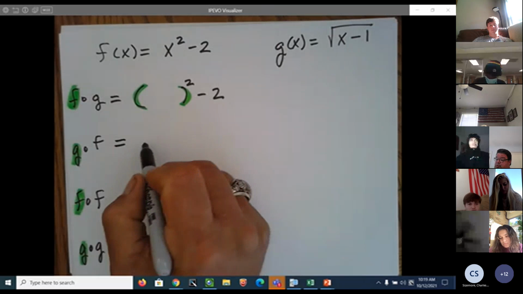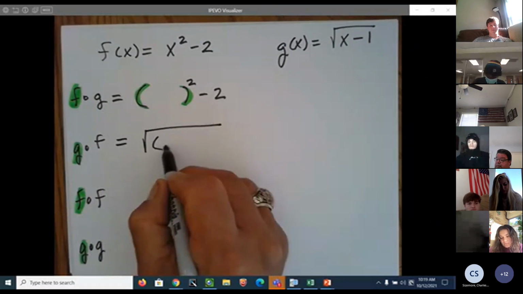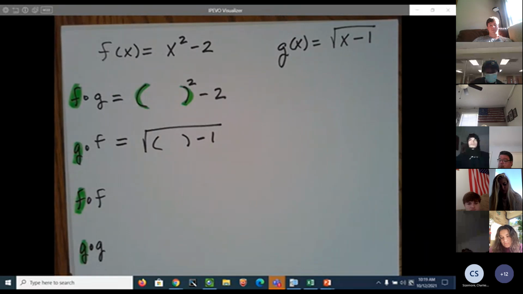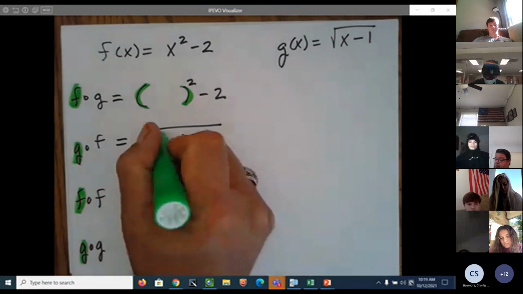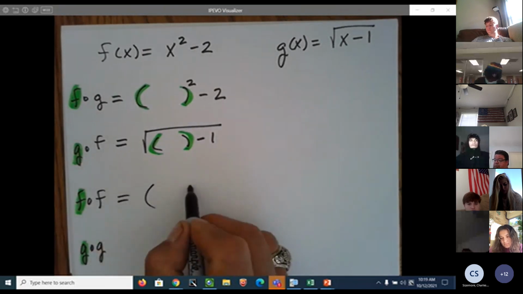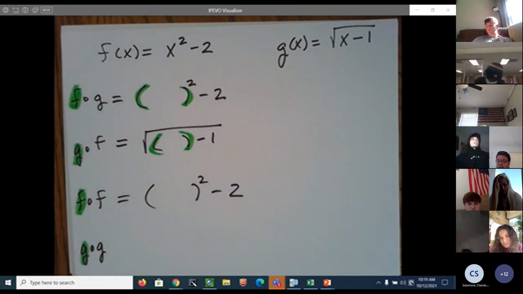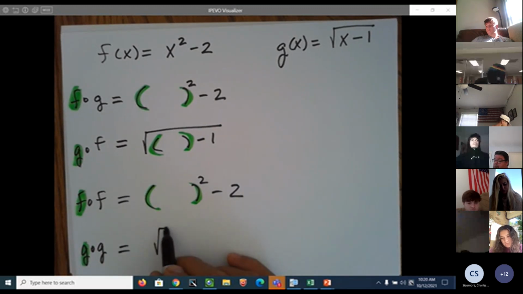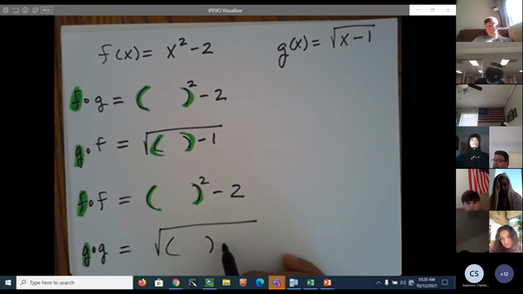I'm going to rewrite square root of blank minus 1 equals parentheses minus 2, and equals square root parentheses minus 1.